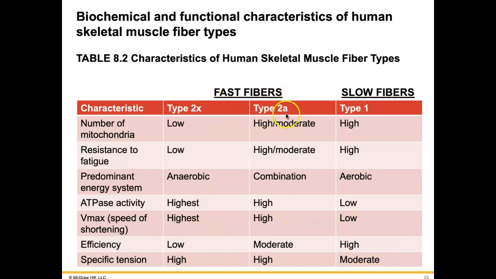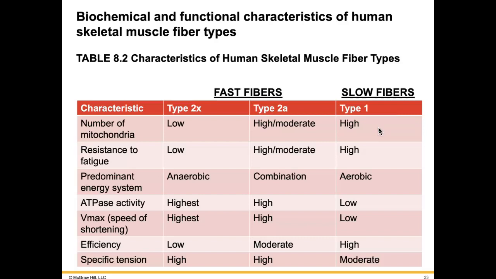2A is going to be that fast oxidative type, whereas 2X, or sometimes it's called 2B, will be our fast glycolytic muscle fibers. So when we look at the number of mitochondria, we're going to see that it is lower within our glycolytic fast fibers, high and moderate within our fast oxidative, and high within our slow twitch muscle fibers, slow oxidative.